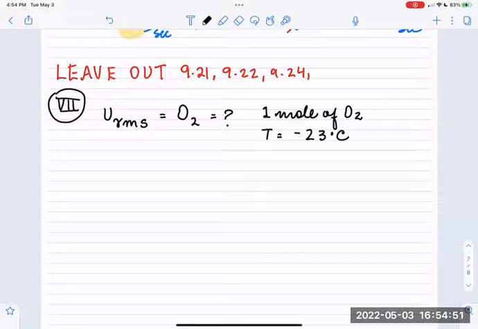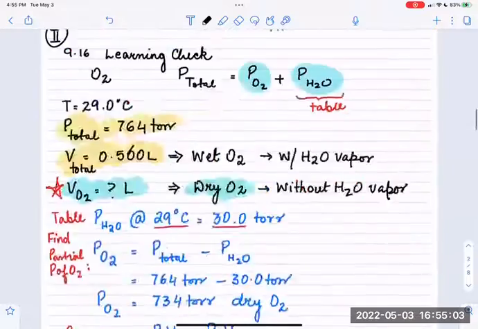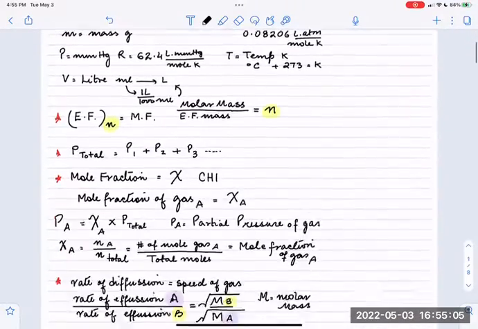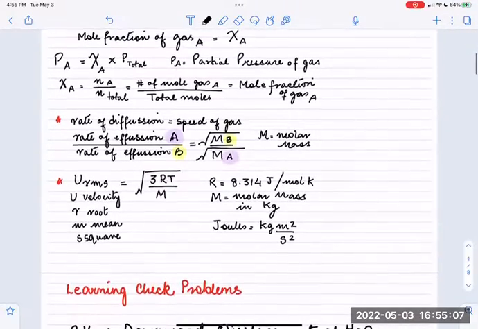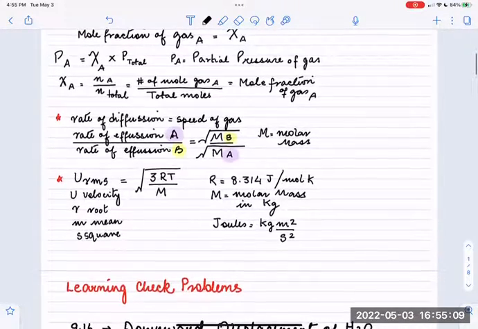Okay, so URMS is equal to the square root of 3RT over M, for 1 mole of oxygen, molar mass.